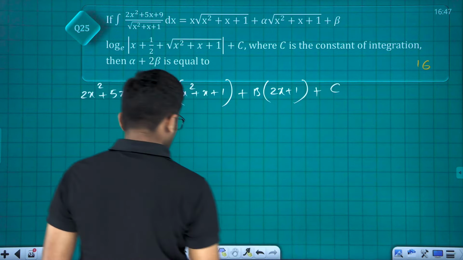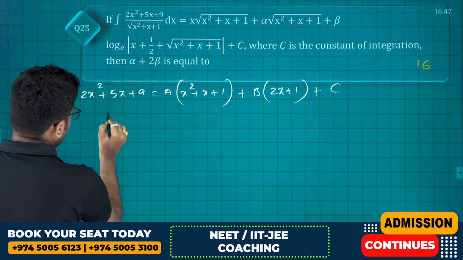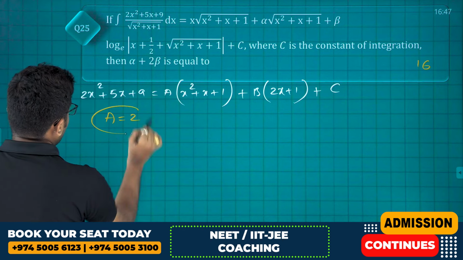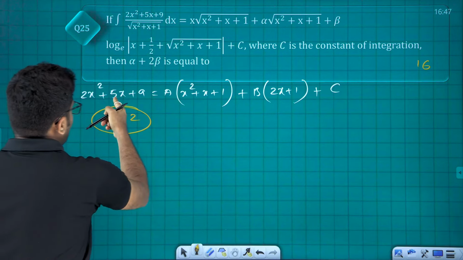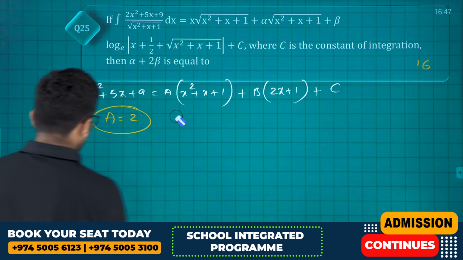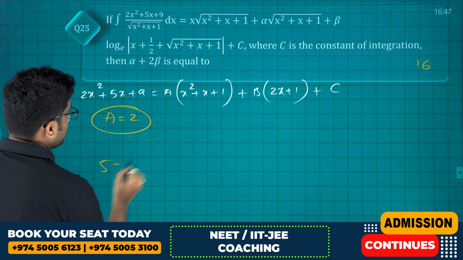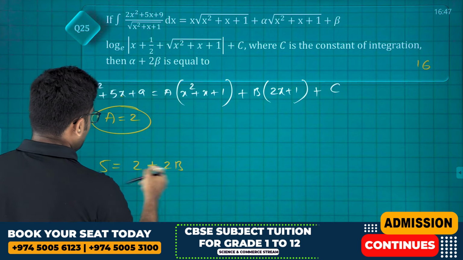Plus c. So now clearly a equals 2. Putting a equals 2, see the coefficient of x is 5. So 5 is equal to 2 plus 2b, 5 minus 2.